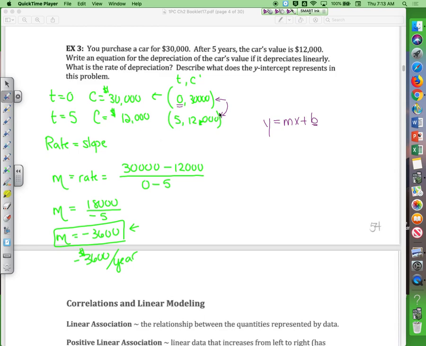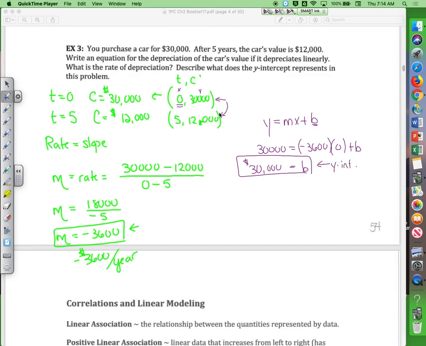So if I plug in my x and my y coordinate, I know we call them t and c, 30,000 equals my slope, which was -3,600, times my x coordinate, which is 0, plus b. So my b, or my y-intercept, is 30,000.